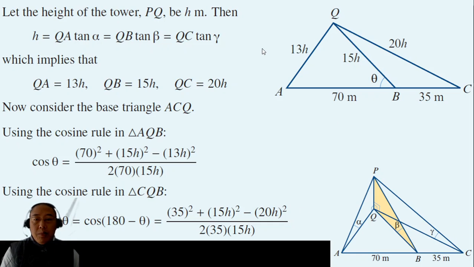So to simplify, we have here an expression of H for all those sides. So this is the horizontal plane at the bottom of the tower. We can express now all those sides in terms of H, which we can annotate over here.